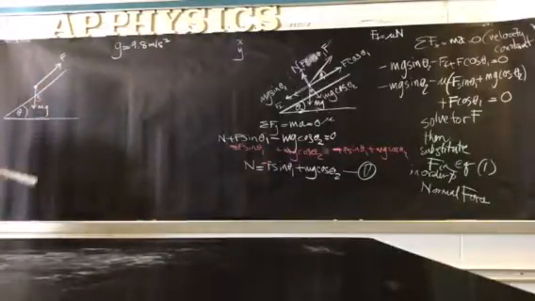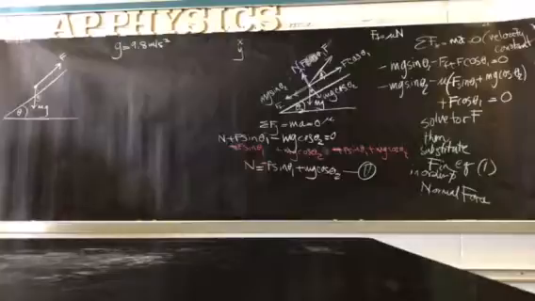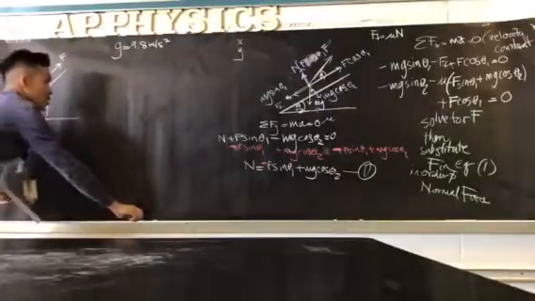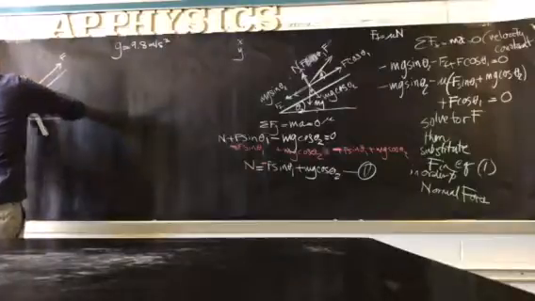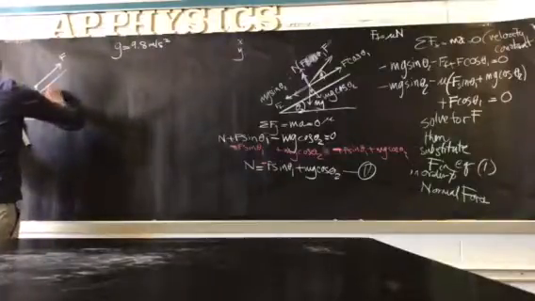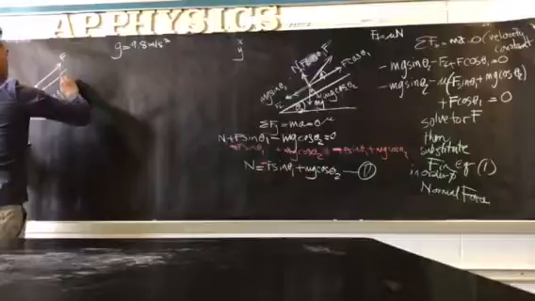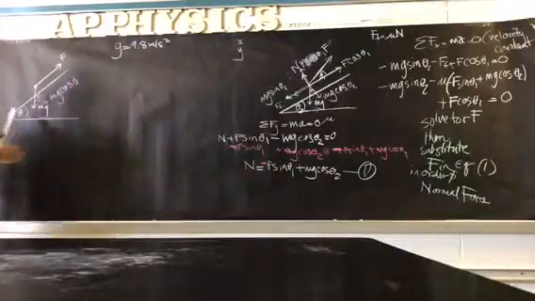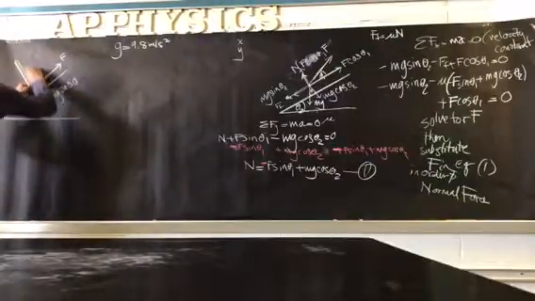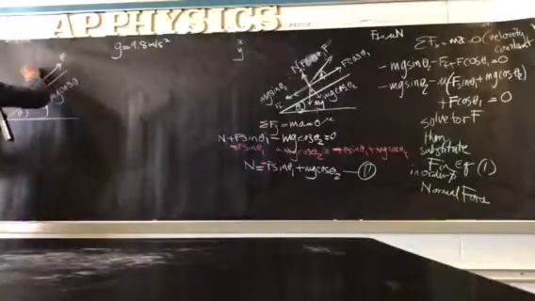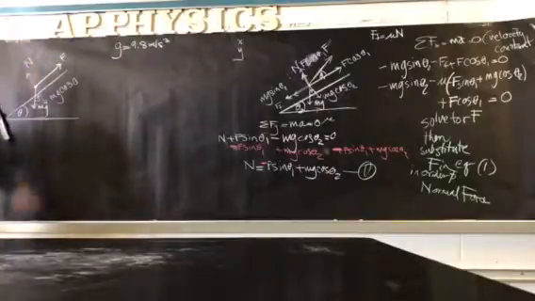It's the same angle, that's why I'm not labeling angle 1 and angle 2. So in my y direction, I'm going to identify mg cosine theta. And there is a normal force, which is perpendicular to the surface, or perpendicular to the plane, which is equal to mg cosine theta.